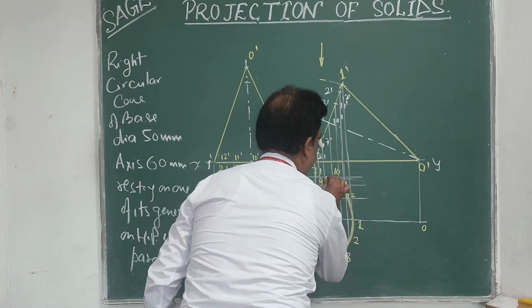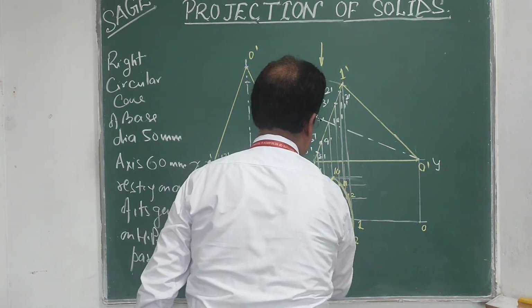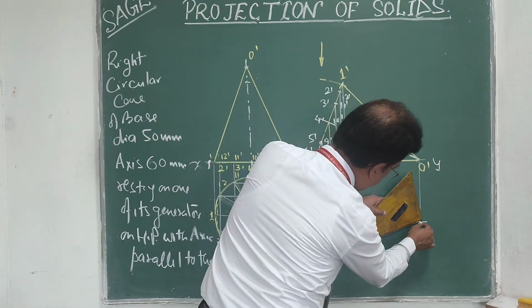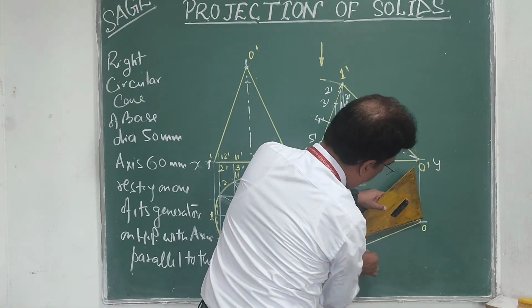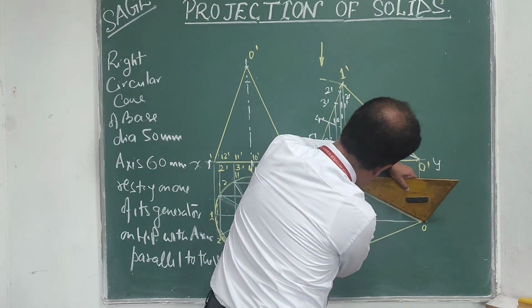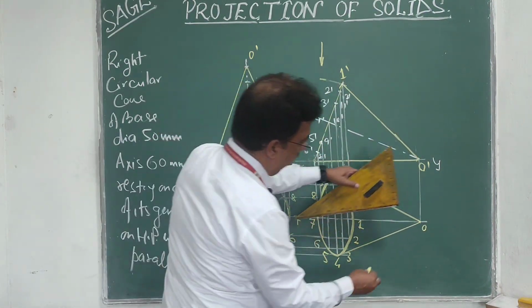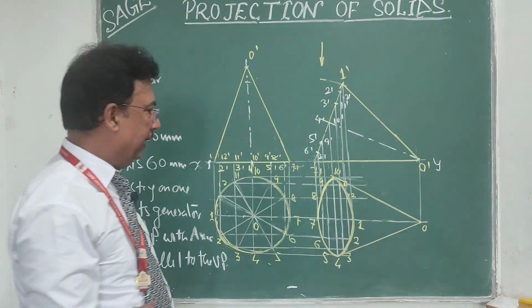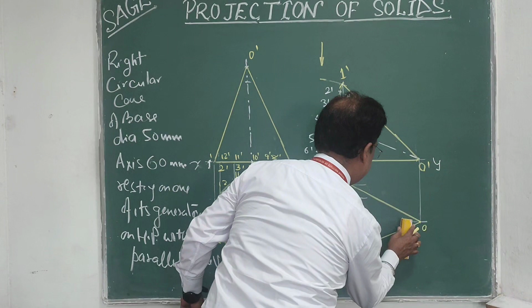That's why I have taken 12 points, so that we can get an ellipse. Now join the extreme generators, that is from O to 4 and O to 10, and this will be the axis. So again I will make that like a chain line.